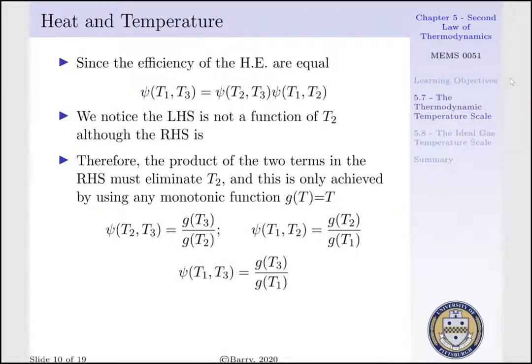That is, on our right-hand side, if we take psi of t2 and t3 times psi of t1 and t2, and using our monotonic function, we'd have g of t3 per g of t2 times g of t2 per g of t1, which would yield g of t3 per g of t1. And this would be equal to our left-hand side, where we'd have g of t3 per g of t1.